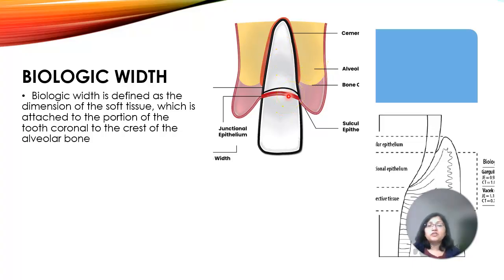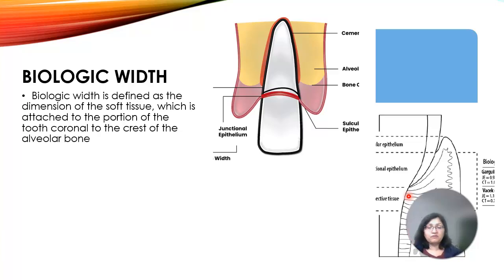From the free gingival margin, when you probe the distance from there, that includes the sulcus. Here this is your tooth. The distance from here to the bone should be 3 millimeters, and you cannot violate that area. Let's keep it that way just for a basic understanding.